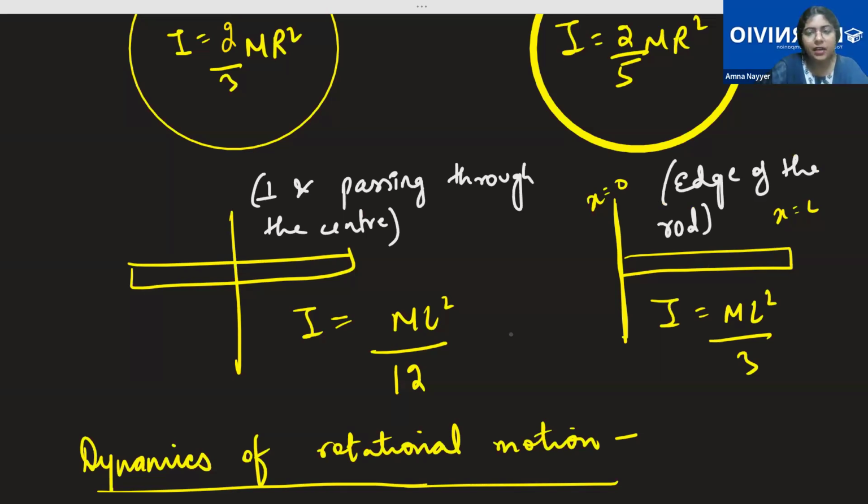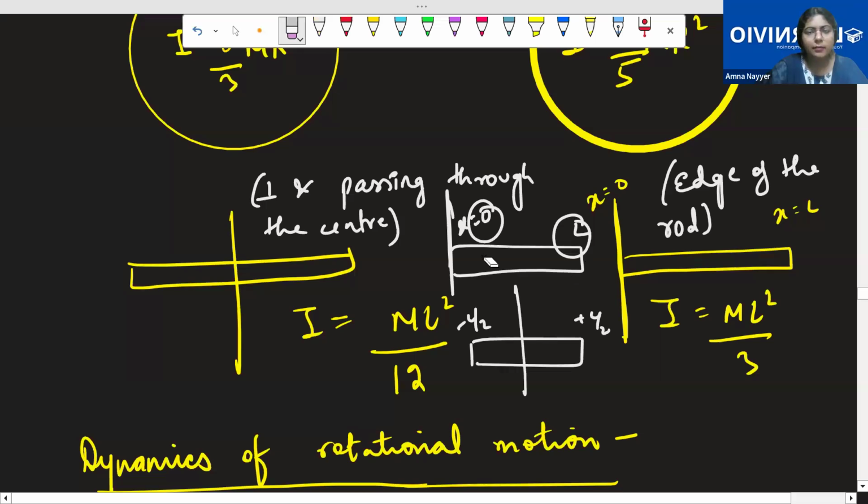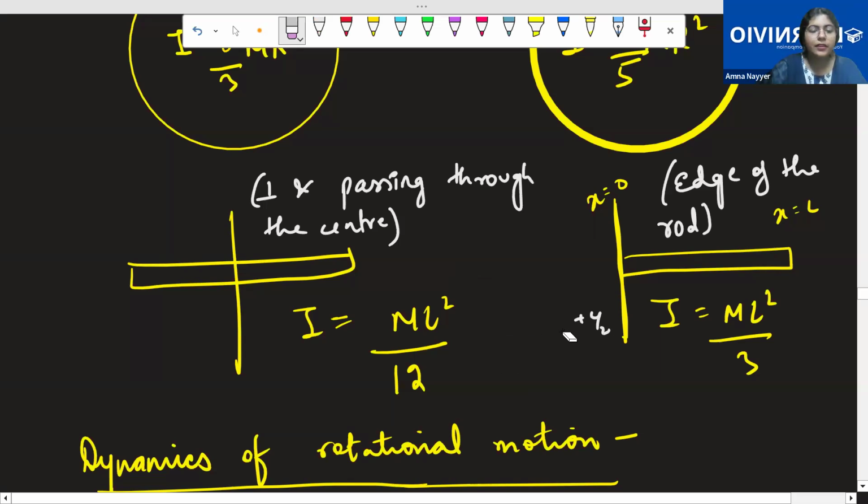How? Same thing that we did, but here the axis is here. So this becomes your origin, to L. In the previous case, we took minus L by 2 to plus L by 2. Here the limit will be 0 to L. That's why directly ML square by 3 will be coming. So this also can be derived and it can be asked in the exam also.